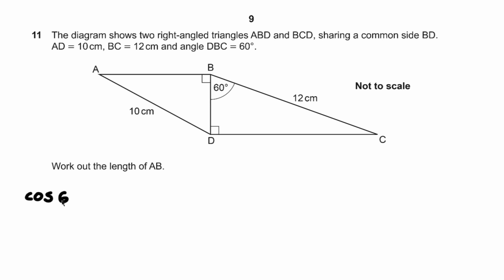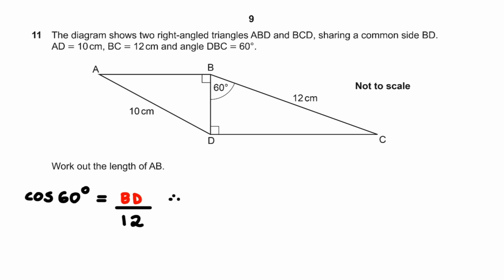the cosine of 60 equaling BD divided by BC, which is 12.